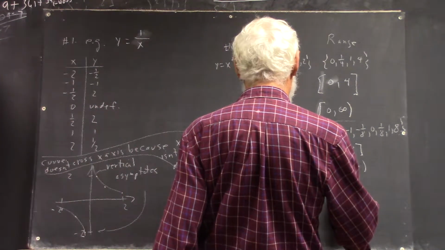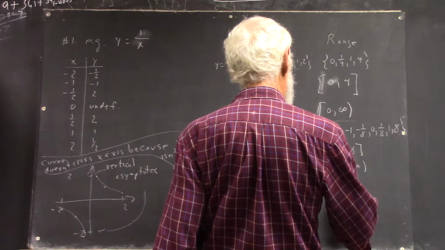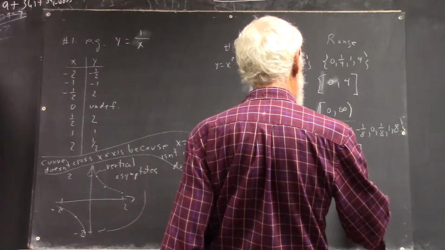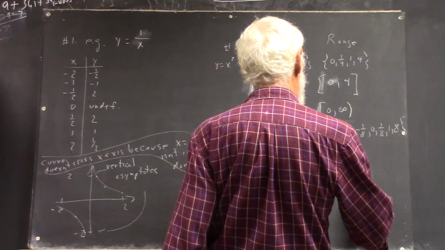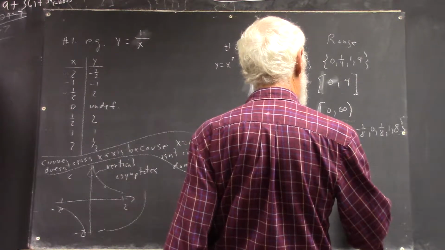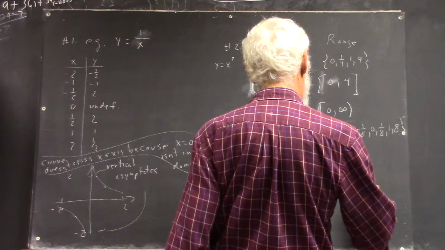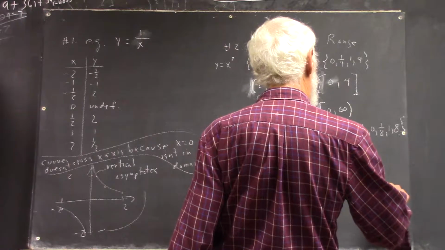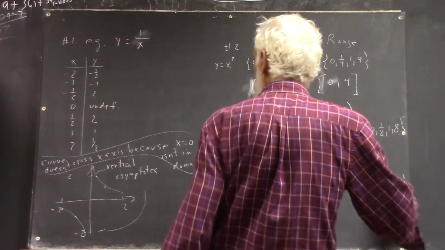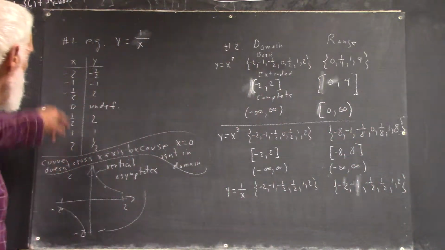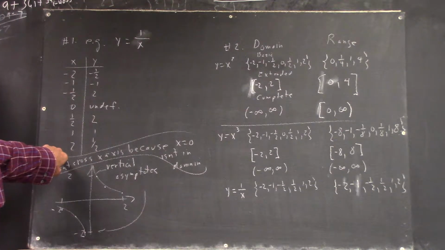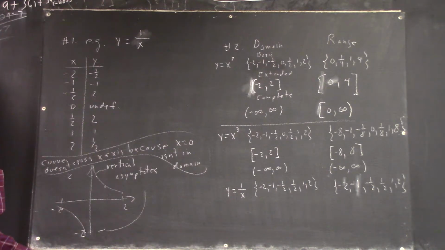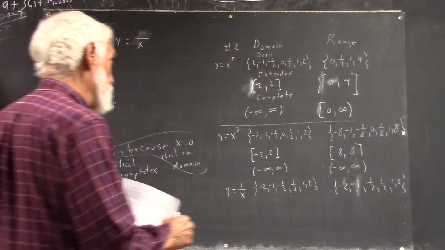Okay, anyhow, 1 over x. And the range is a set. Well, let's do it in order. -2, -1, -1/2, 1/2, 1, 2. The same numbers appear over here as appear here. Just coincidentally, but they don't correspond to each other, right? The -2 corresponds to -1/2 and so forth.